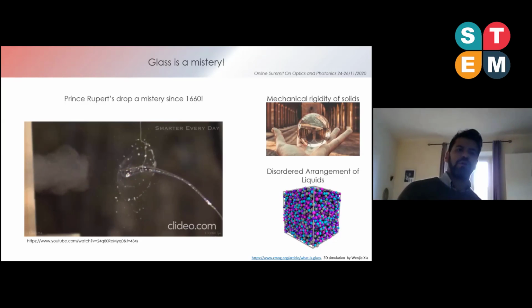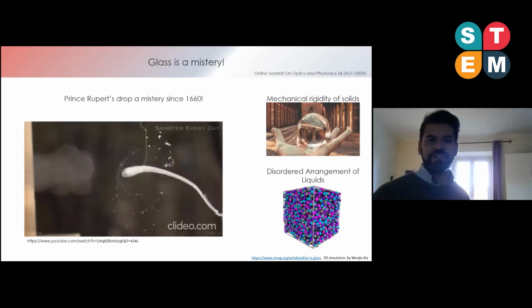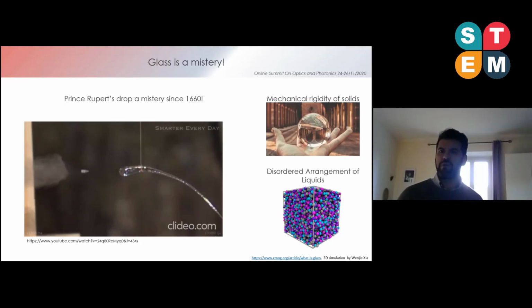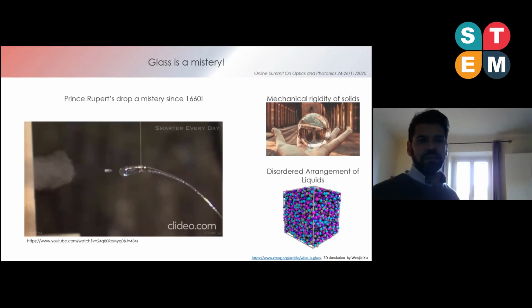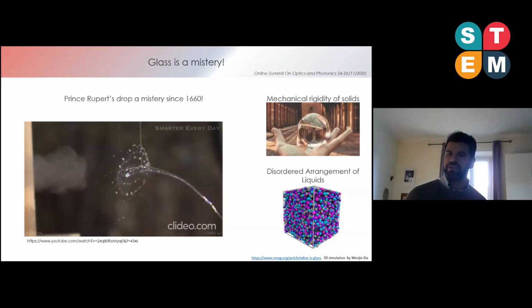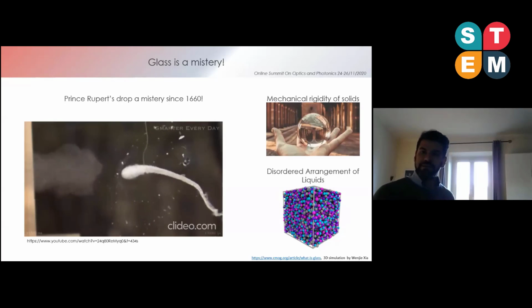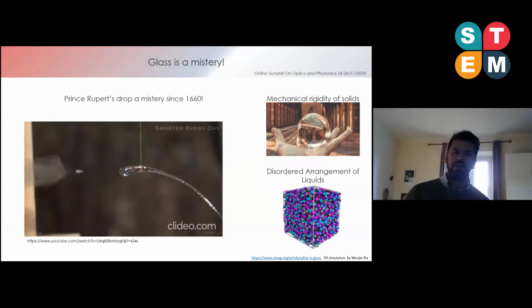So glasses are a mystery, because many of the properties of glass are still unknown. This mystery dates back to the experiments from the early years of the Royal Academy of Science in England. For example, the Prince Rupert drop is nothing else than a piece of silica in the liquid state, which is rapidly frozen in cool water.